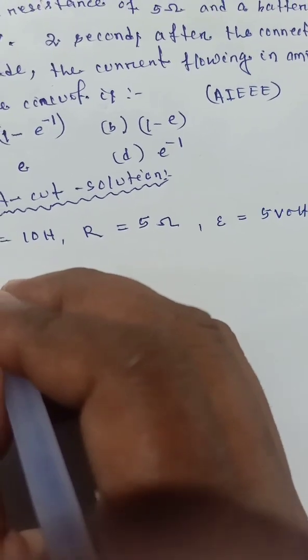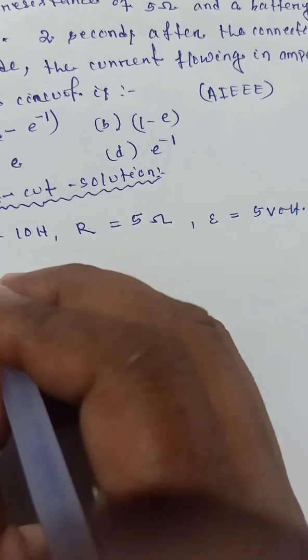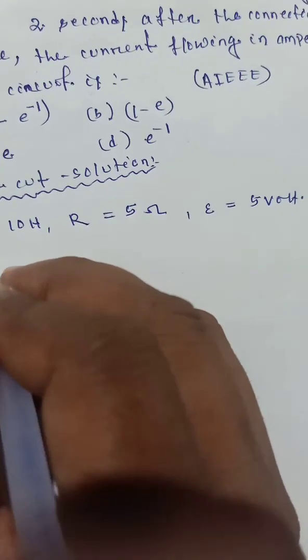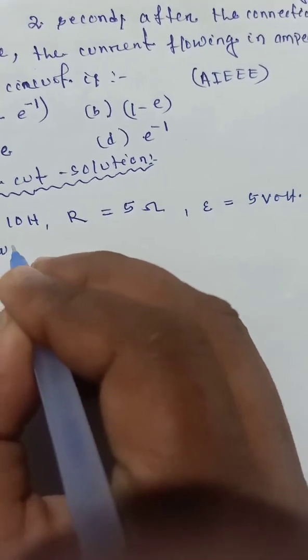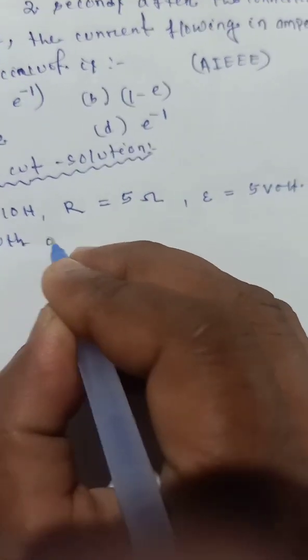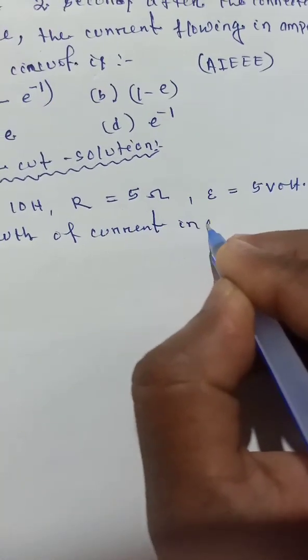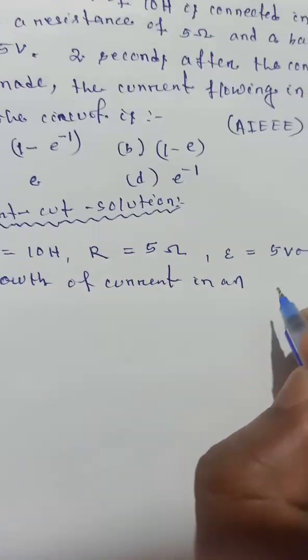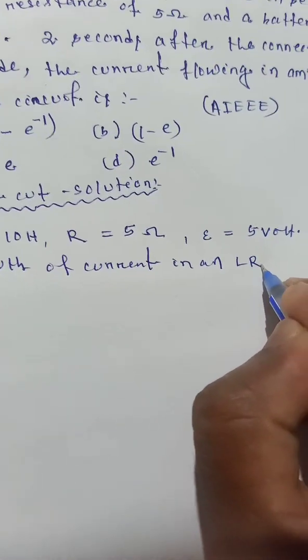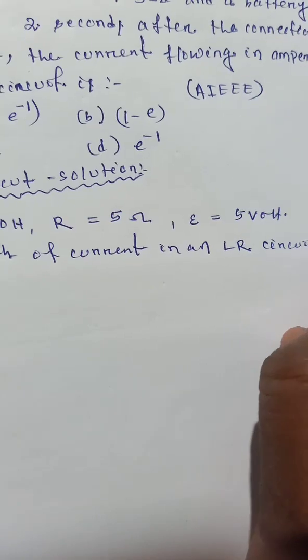So now we have to find the growth of current in an LR circuit.